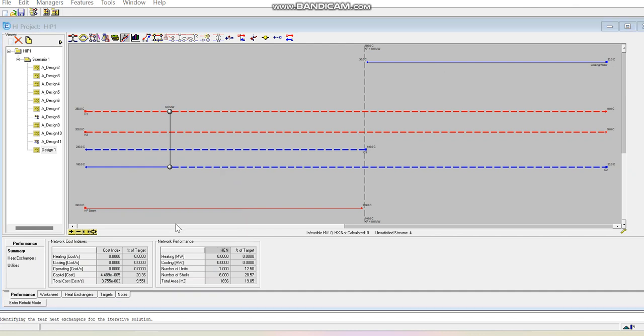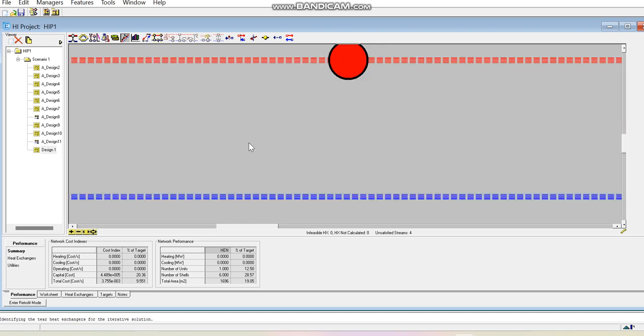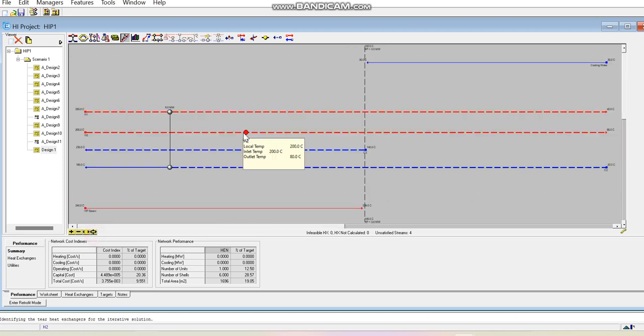Okay, now we are going to place another heat exchanger. In the same way, add a heat exchanger between these two streams. Oh, sorry. Just click on this, and then you should drag it here.